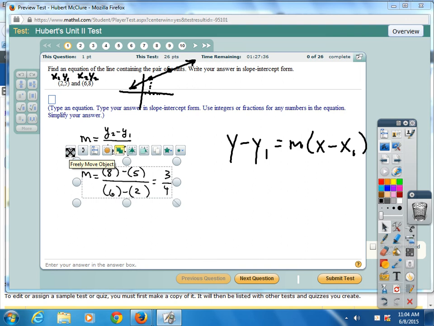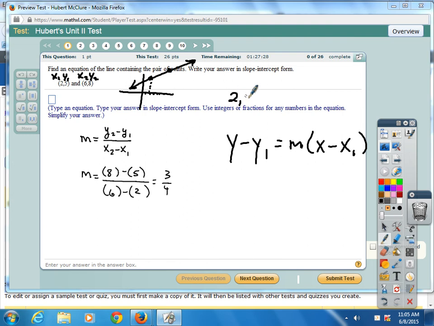Now you've got a point and slope. The point I'm going to pick is 2 comma 5, and m is equal to 3/4.